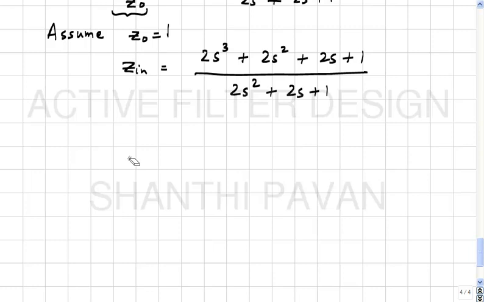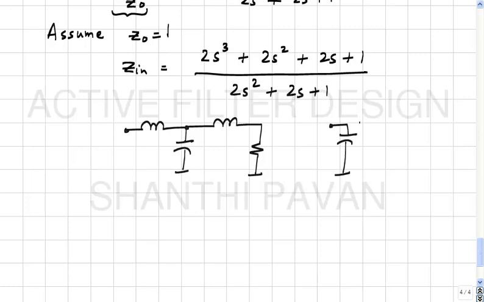Now, can you stare at this expression and tell me? This is clearly a third order ladder, right? These are two ways of realizing a third order ladder filter: there are 3 elements, L plus C. On the other hand, the pi network is also a candidate which can realize a third order transfer function.